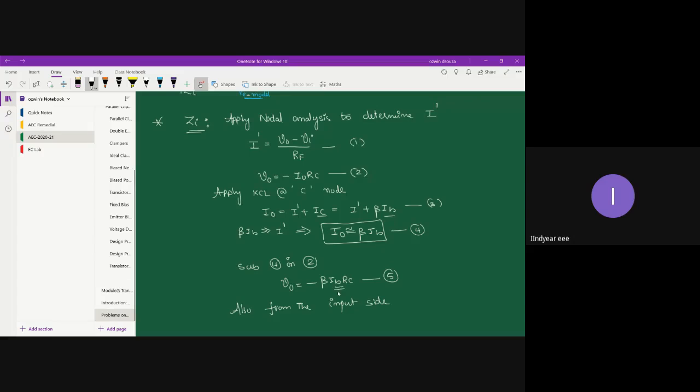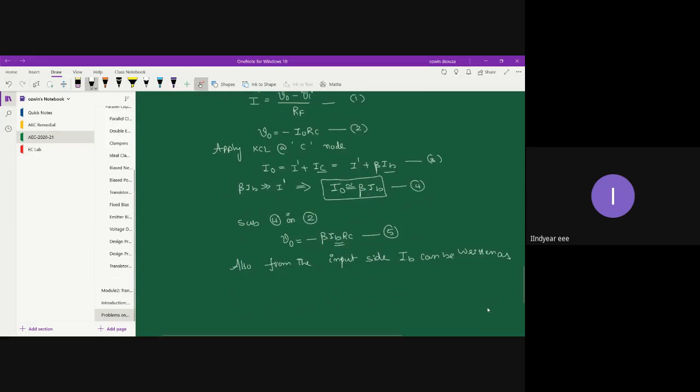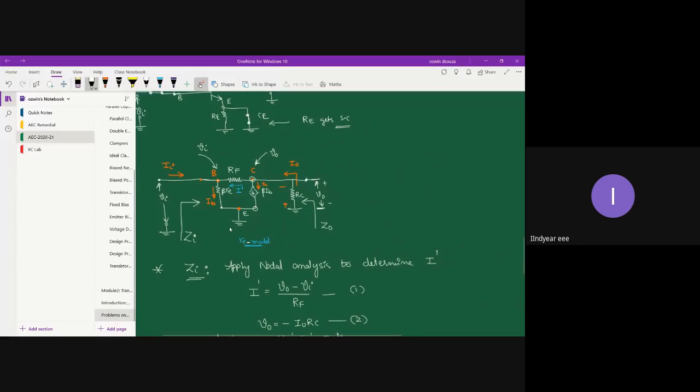Also from the input side, you can write an expression for IB. From the input side, IB is the current flowing through resistor beta RE. Across beta RE, what voltage is coming? VI is coming, right?